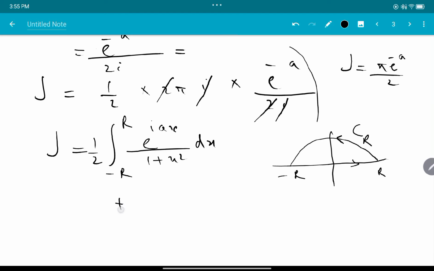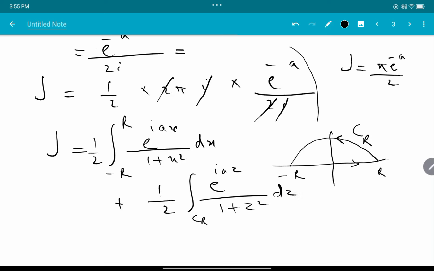Second, I have 1 by 2 integral, not closed now, the line integral along CR of e raised to I a z divided by 1 plus z square dz.